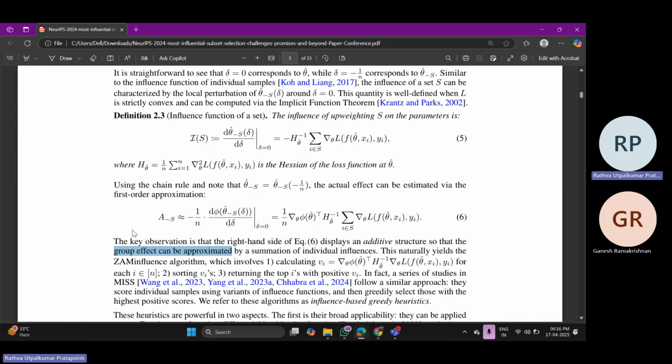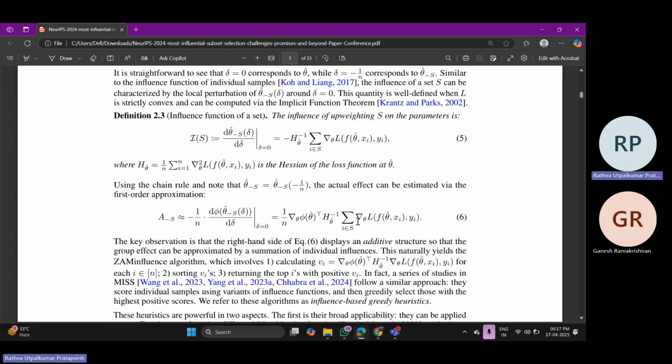Additive structures provide that the group effect can be approximated by the summation of individual influences. The additive structure group effect is approximately what?